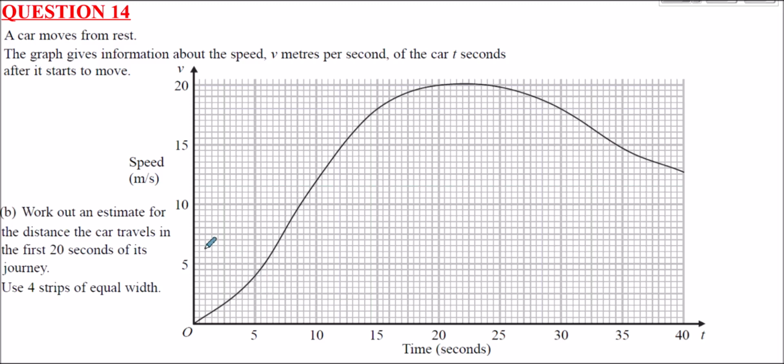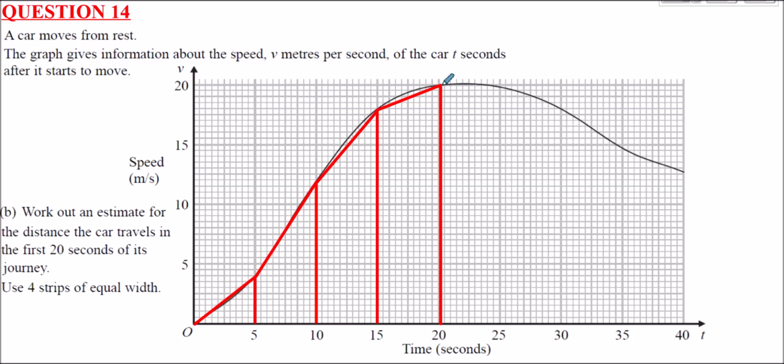And so what we need to do with a ruler is something that looks a little like this. So 5, 10, 15, 20, and lines joining each strip to the next one. What you need to do as well is to read off the heights of these strips. I need to work out the height of this line here, that one, and that one.